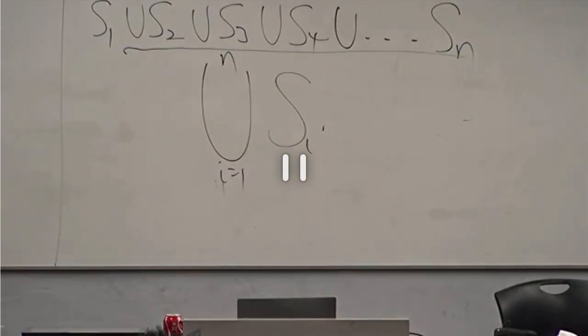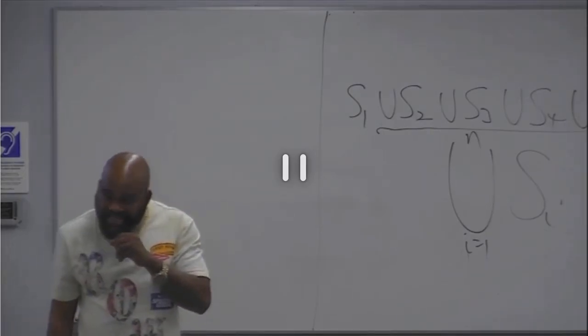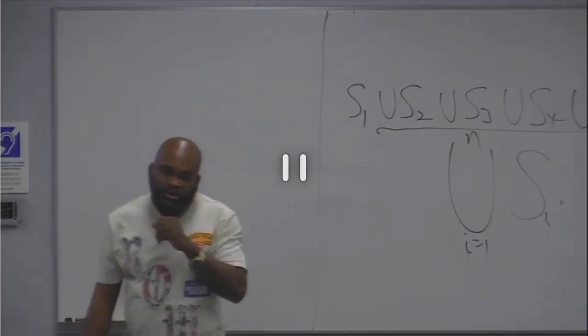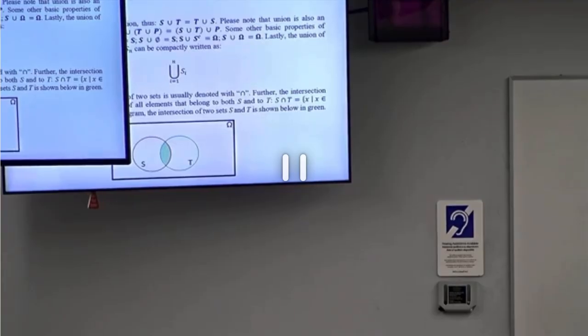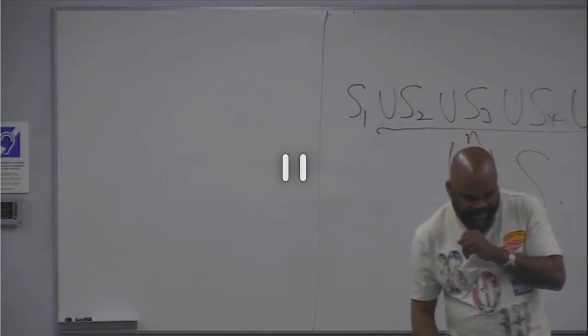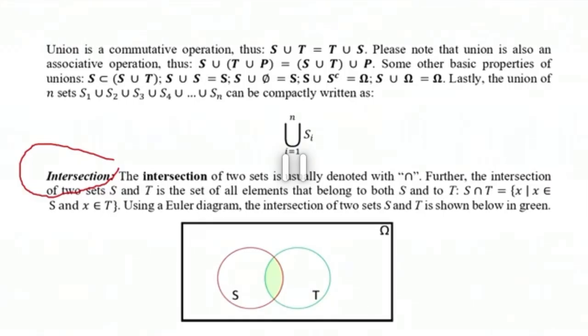If I give you an assignment to define the intersection of two sets mathematically, how are you going to define that? This is what I'm expecting.